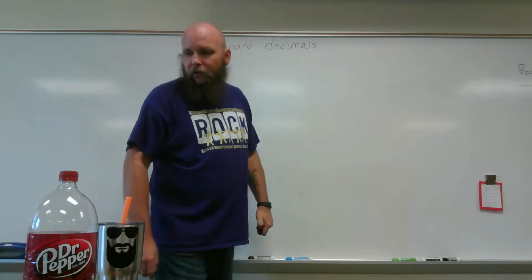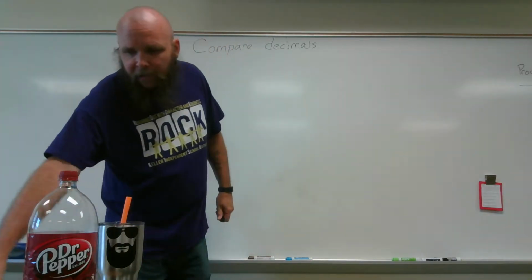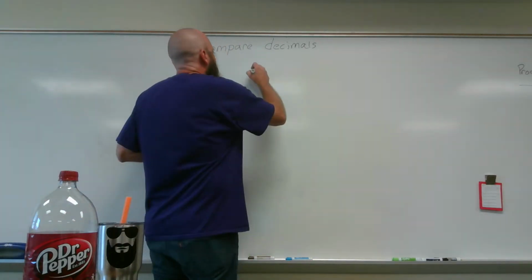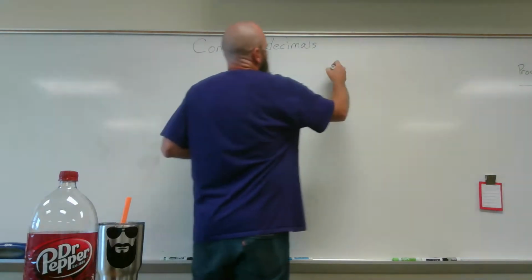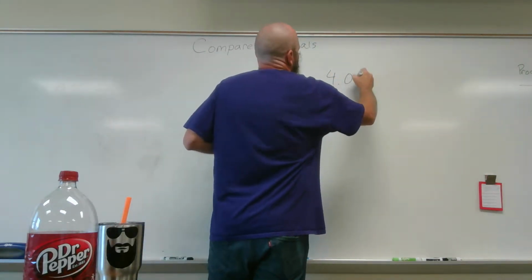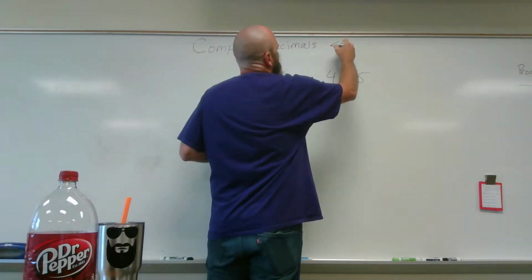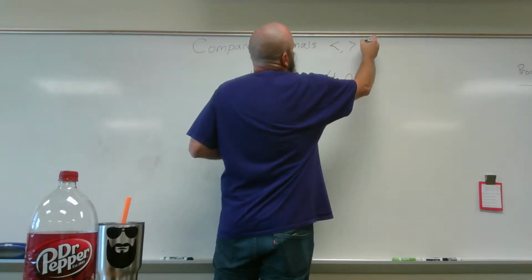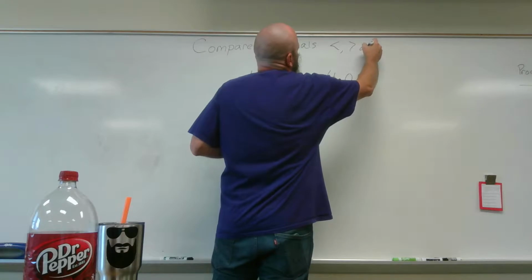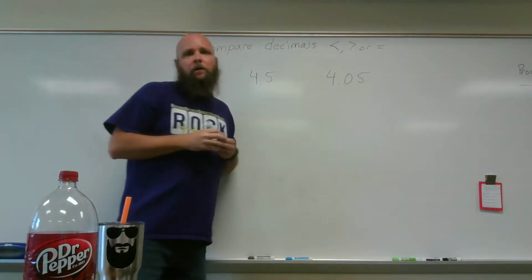All right, comparing and ordering decimals. If we have the problem 4 and 5/10 and 4 and 5/100, and our instructions are compare them less than, greater than, or equal to.